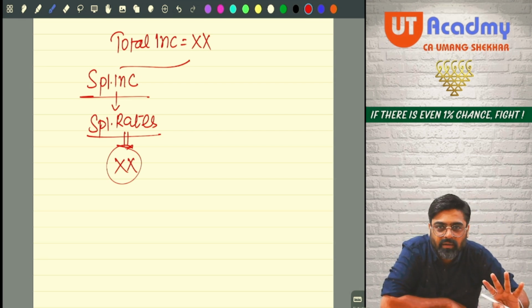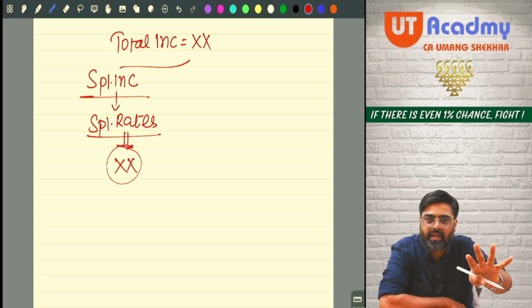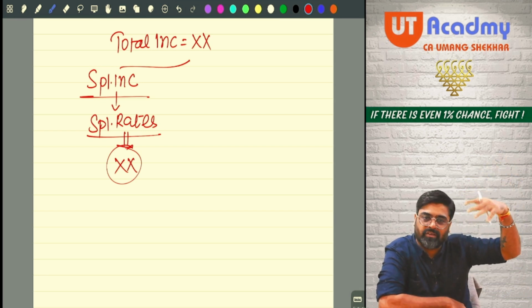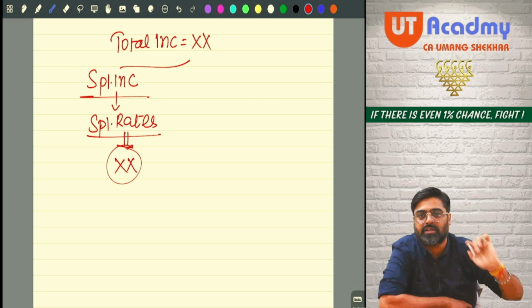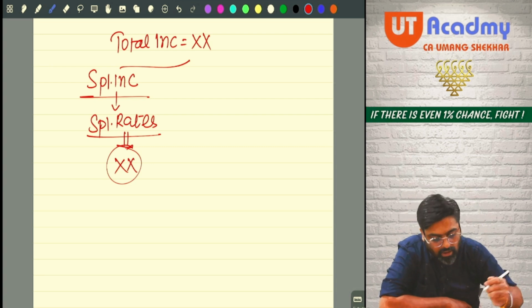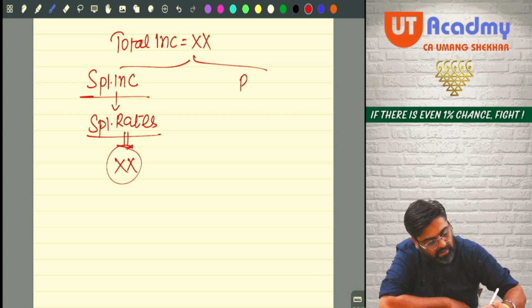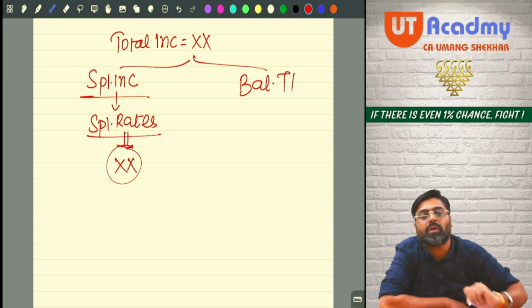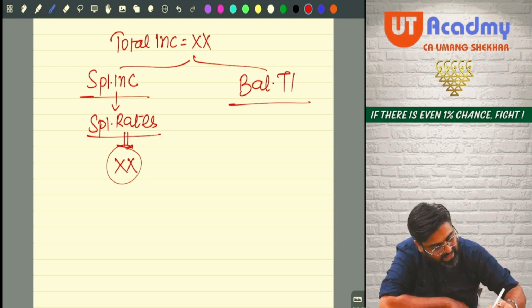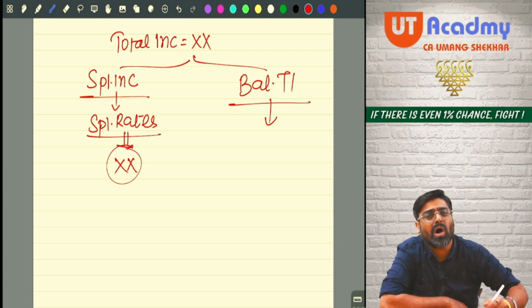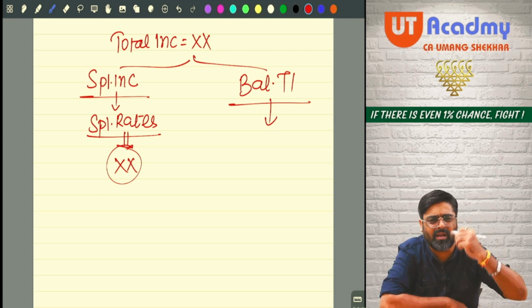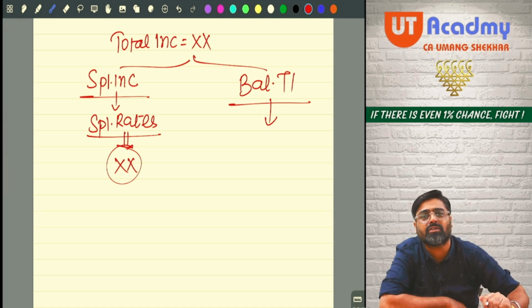Getting my point? But right now we are assuming that we have claimed all the available exemptions and deductions and we have calculated this total income. So on the balanced total income from this total income, will I apply 115 BSE rates or normal slab rates? Normal, optional slab rates, yes or no?